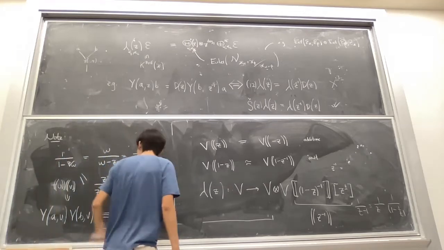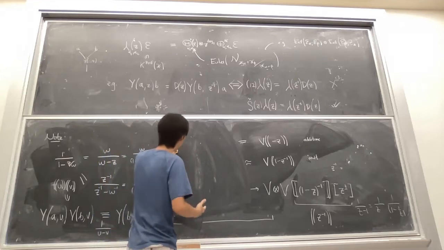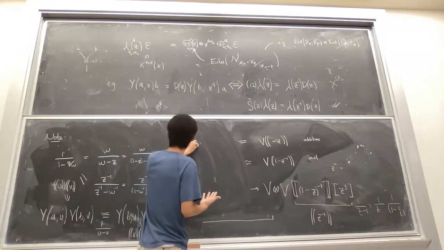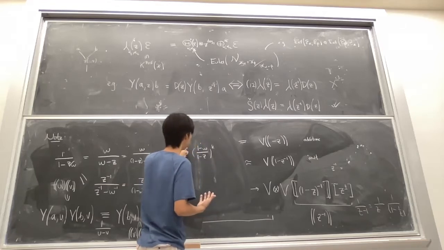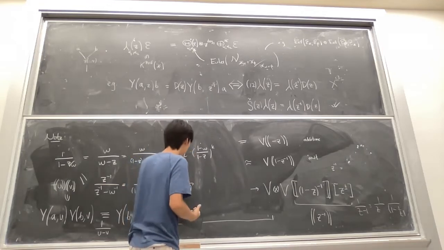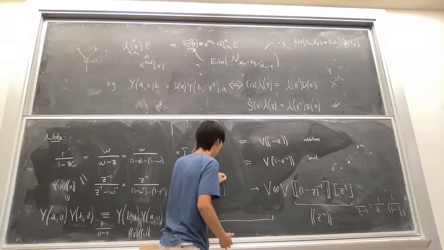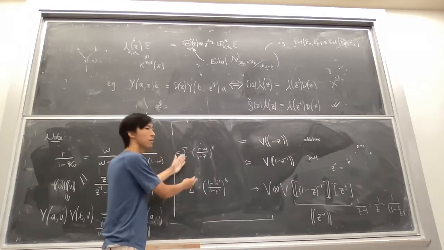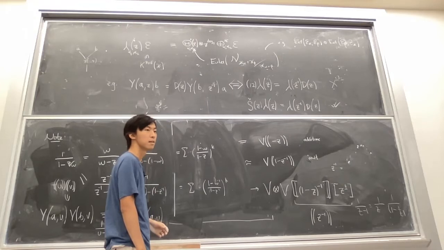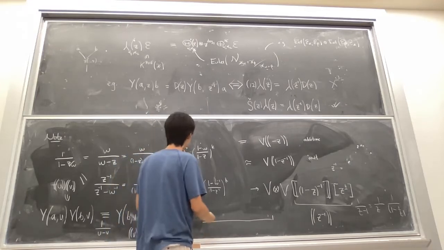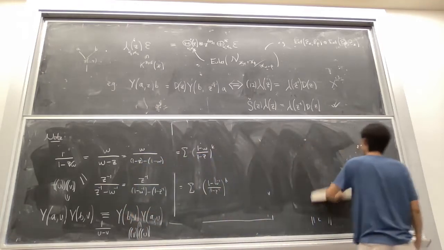But maybe let me write what I was about to write. Once you expand, this is going to be some series which maybe looks like this with some stuff. And what do these regions look like?